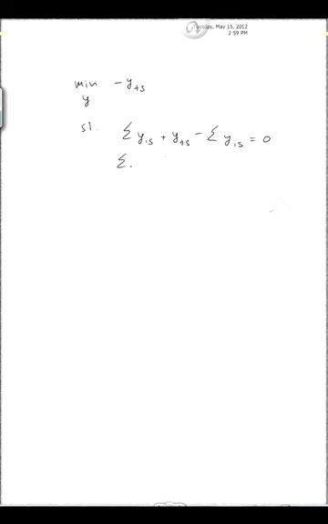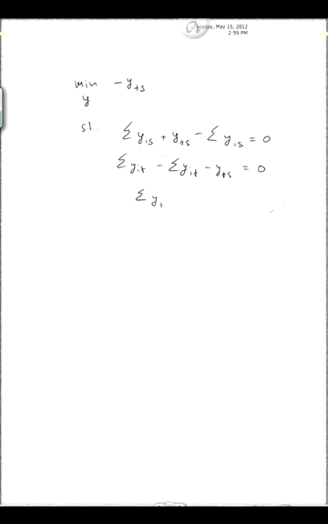So we're going to have a similar equation for T. So everything going into T minus everything going out of T. And one of the things that's going out of T is this YTS variable. So let me just write it on the side of the summation here. And that's going to be equal to 0 again because there's no supplies and demands.